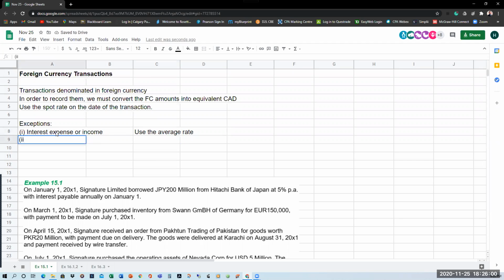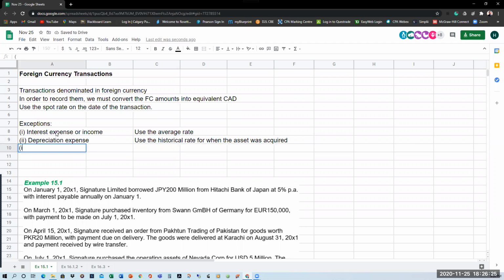When you are converting depreciation, you will use the historical rate, or when the asset was acquired.